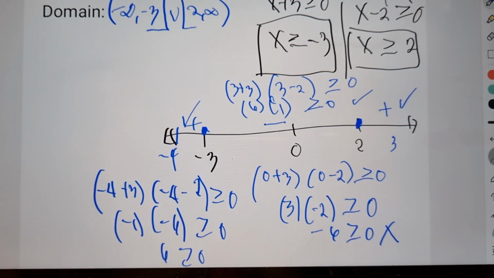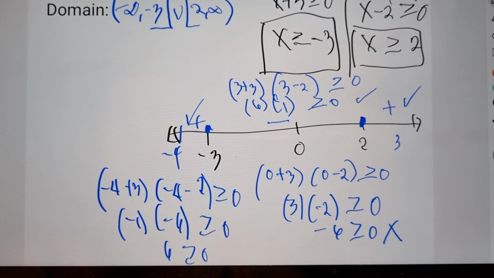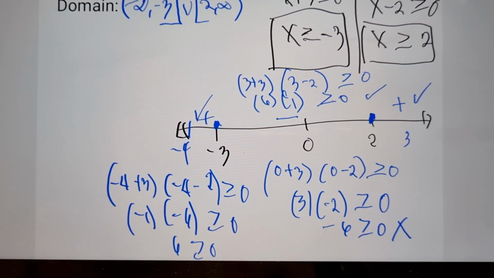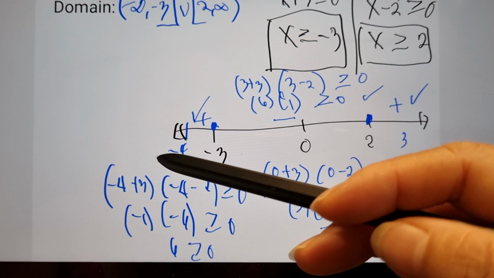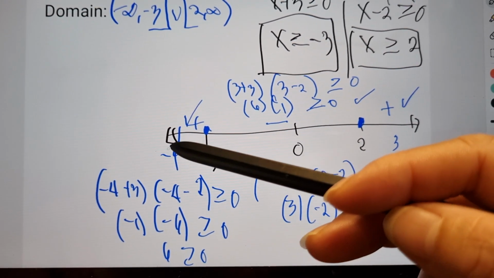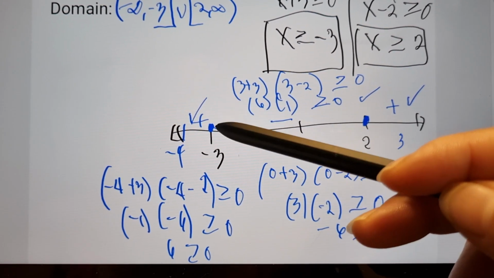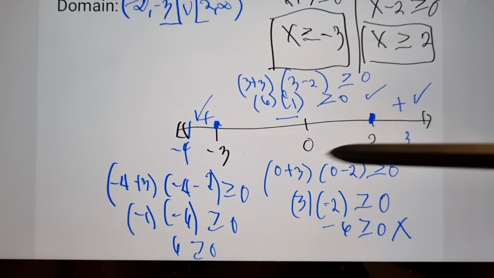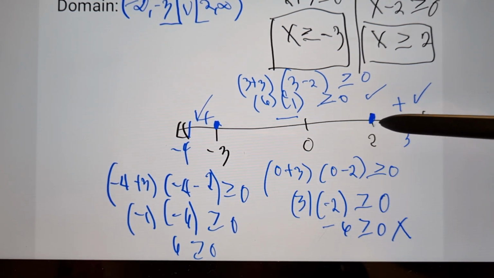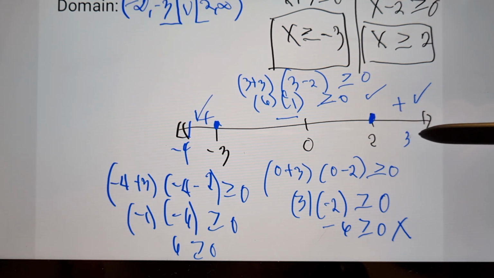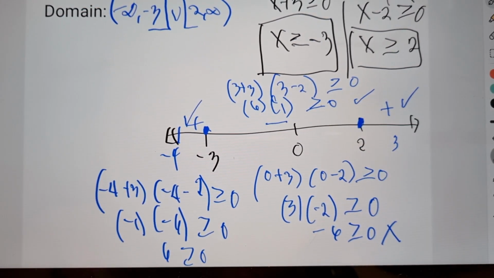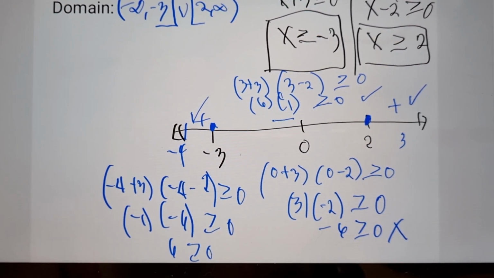So, yan ngayon ang magiging domain ng function na ito. So, here from negative infinity up to negative 3, then from positive 2 going to positive infinity. Ibig sabihin, lahat ng numbers na nandito makikita in between are not included as domain.